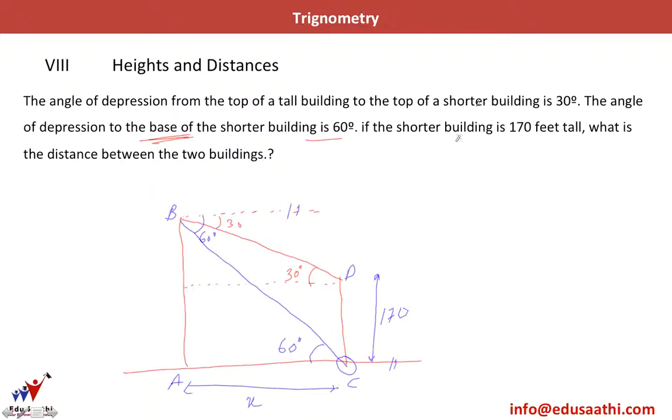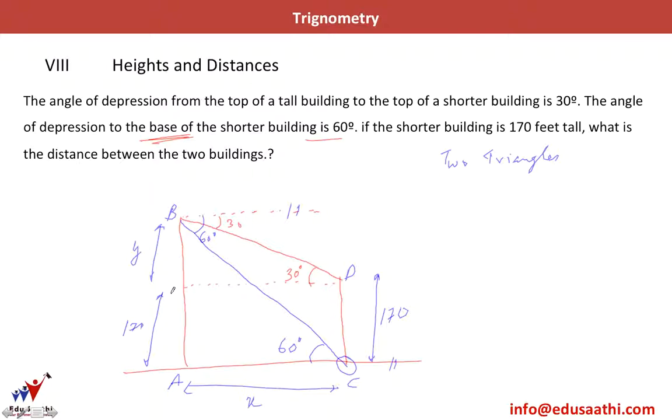Again, the golden rule holds: make two triangles and apply the tan formula. Now you need to find out which two triangles to use. If this is 170, I can easily say that this is also 170. Let me consider this height as y.